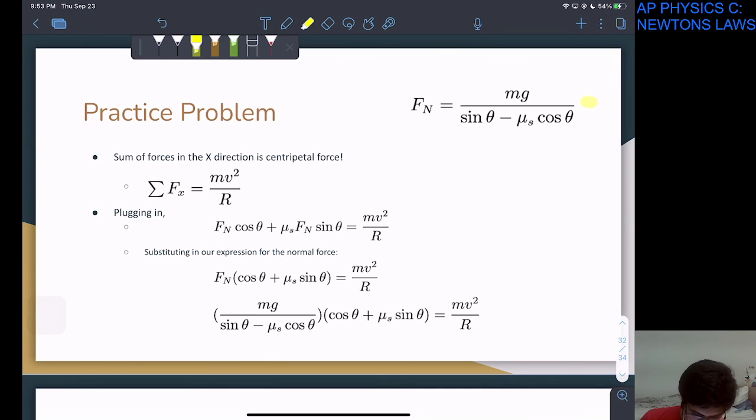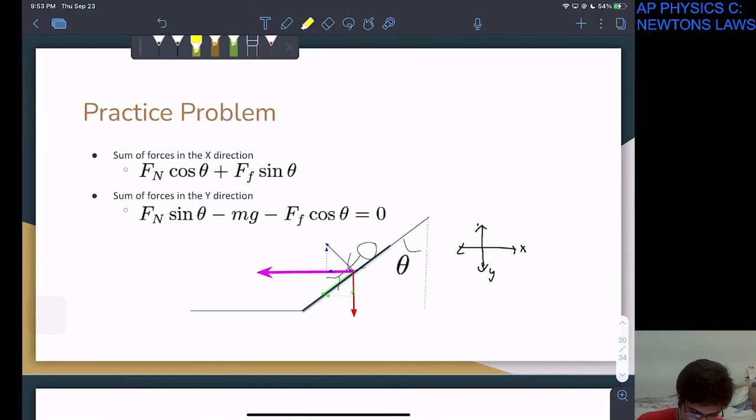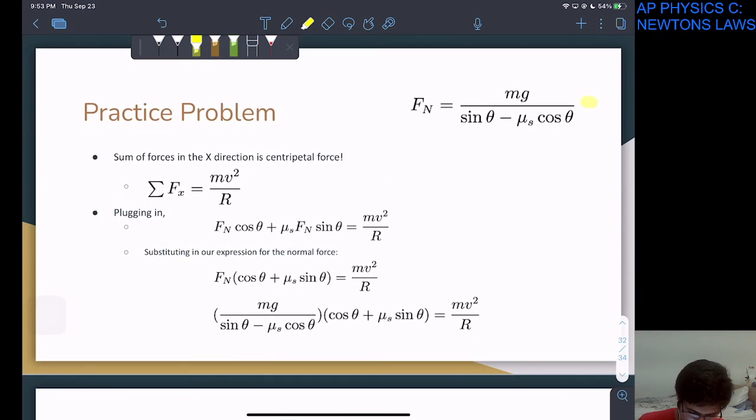And now the sum of the forces in the x direction is the centripetal force. So Fx is equal to mv squared over r. And if we plug in, by the way, this here, we're plugging in the sum of the forces in the x direction, and we say that's equal to mv squared over r. Okay, now what we're going to do is substitute in our expression for our normal force. That's the only term that we don't know, so we can factor it out over here and substitute it in.